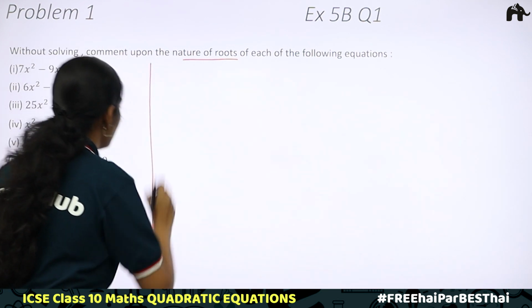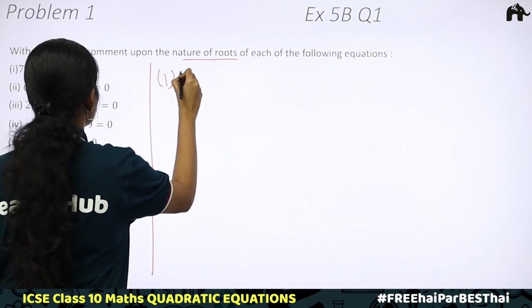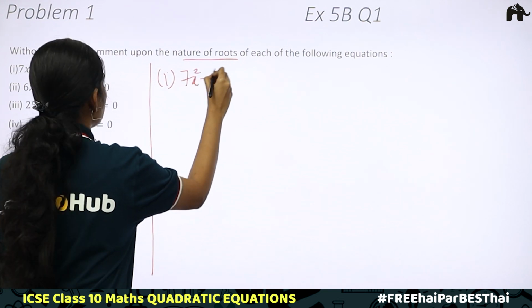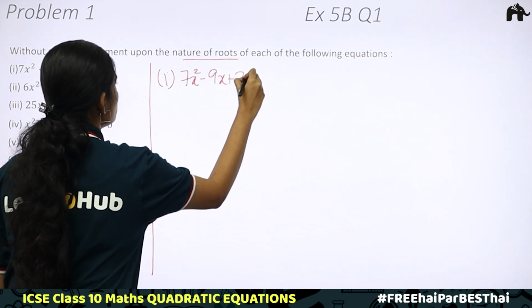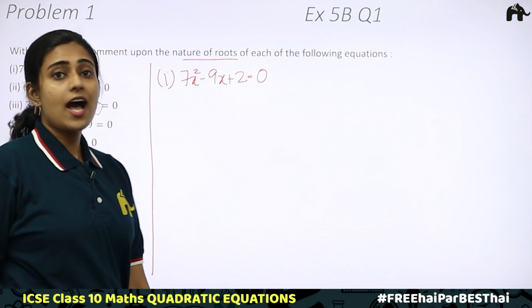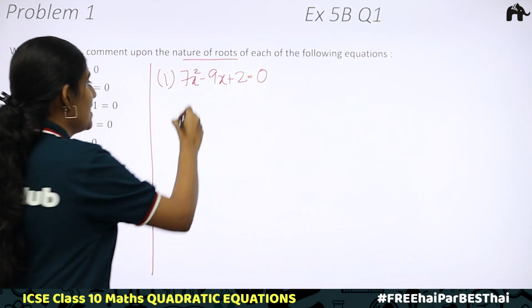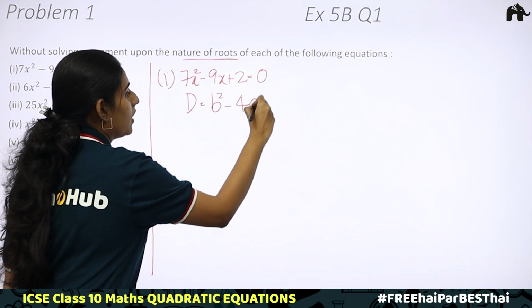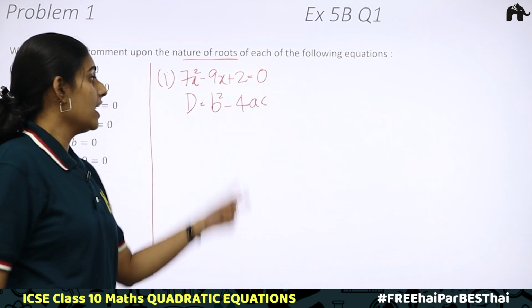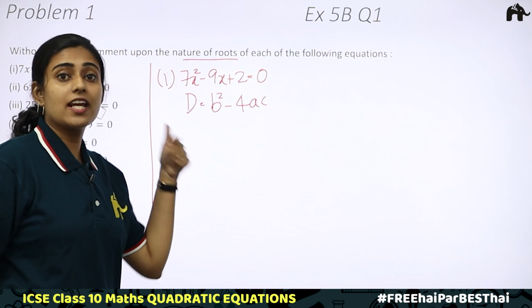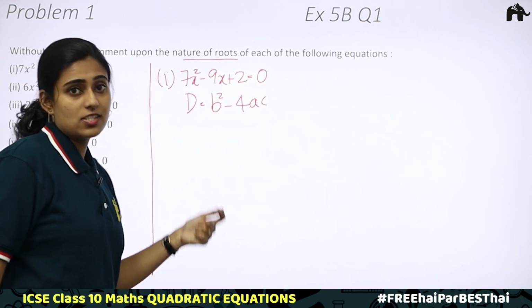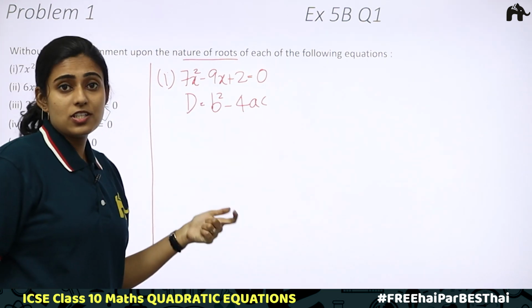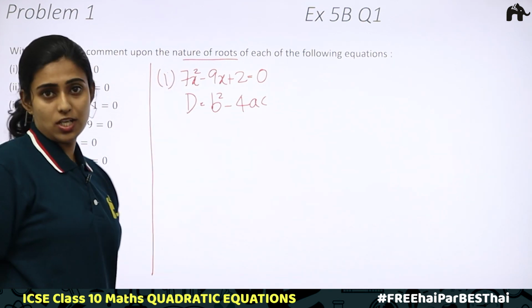Okay? The first equation is 7x square minus 9x plus 2 is equal to 0. How to find the discriminant? Discriminant D is equal to B square minus 4AC. Whether this discriminant is greater than 0, less than 0 or equal to 0, we can say about the nature of roots.